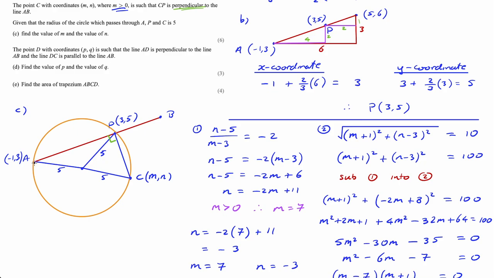This is perpendicular to here, and the point D is such that the line AD is perpendicular to the line AB. So that's perpendicular and parallel to the line AB. So like this.